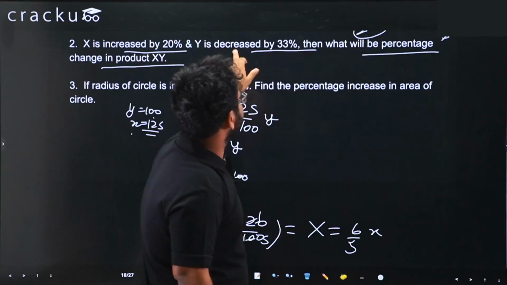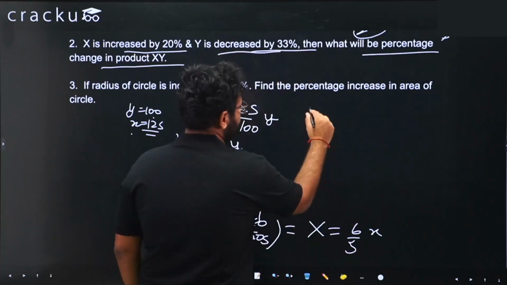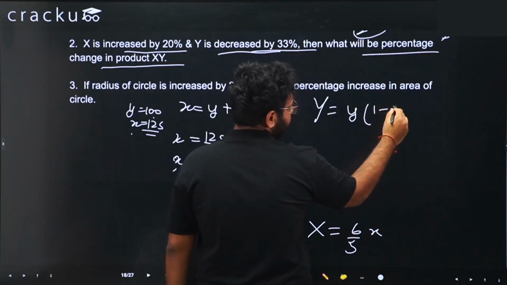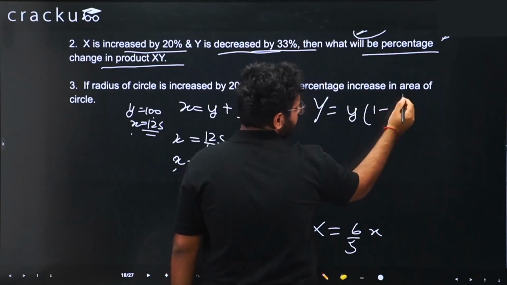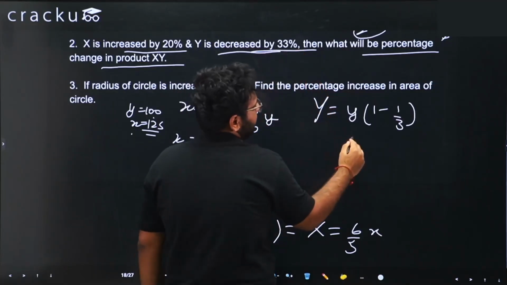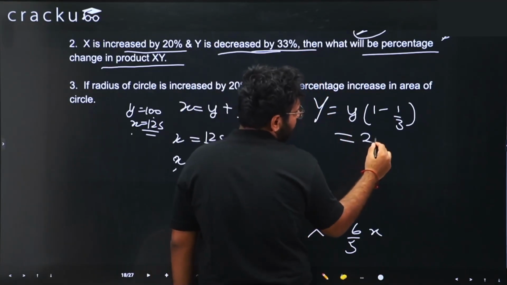And Y is decreased by 33%. So new Y would be Y into 1 minus 33 by 100, which is 1 by 3, 33.33%. So this would be 2Y by 3.